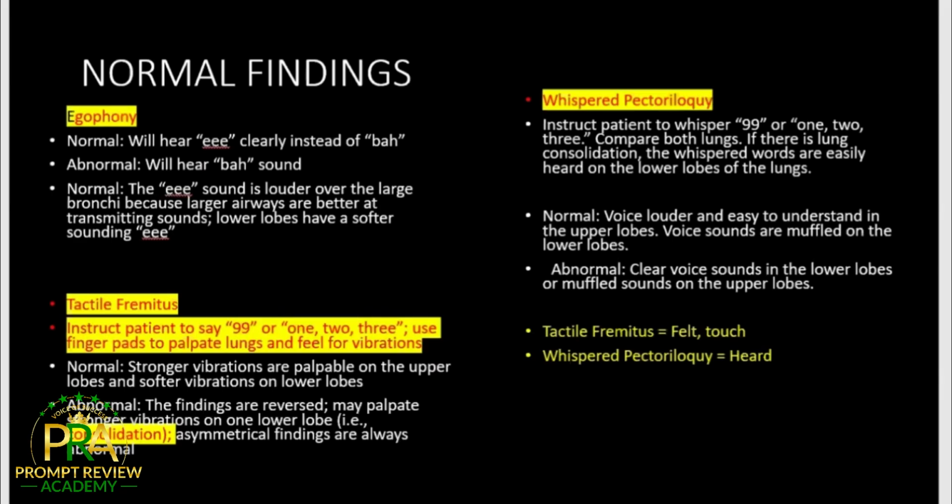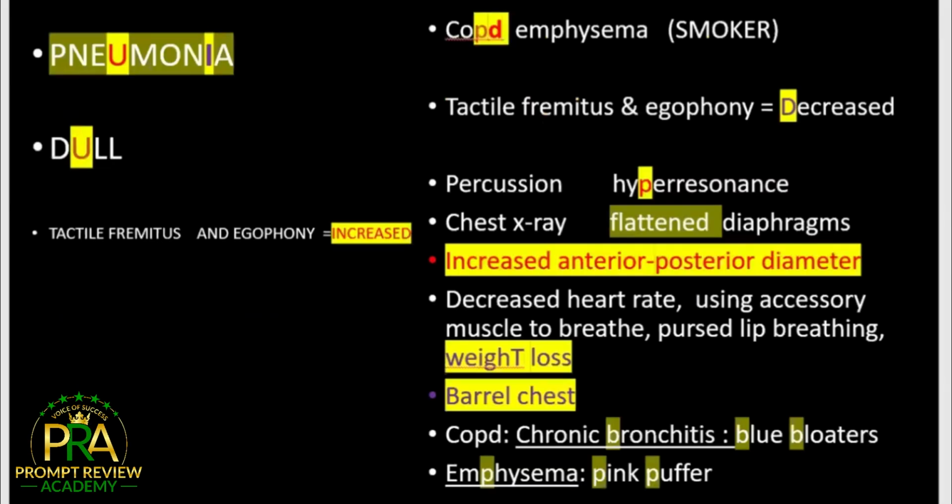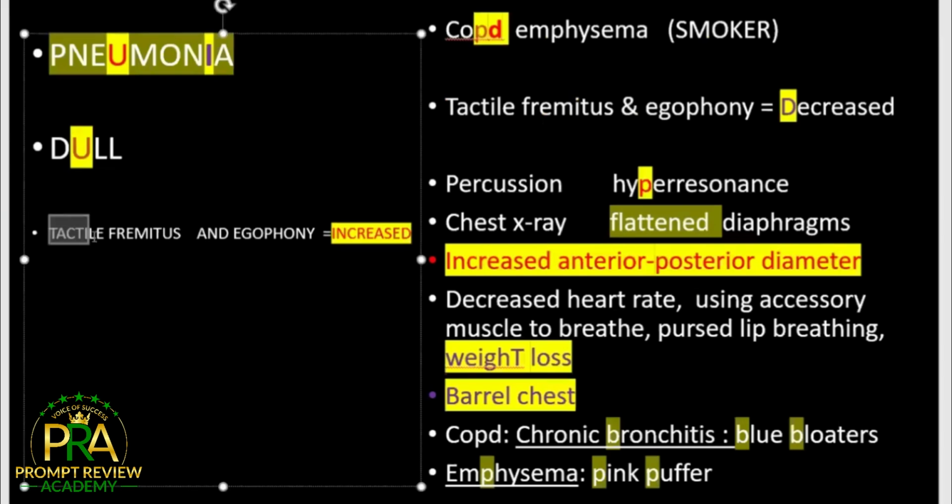So what we are saying here is under pneumonia, the tactile fremitus and egophony will be increased. So use the letter I as increased. But for COPD use D as decreased. So the tactile fremitus and the egophony will be decreased.